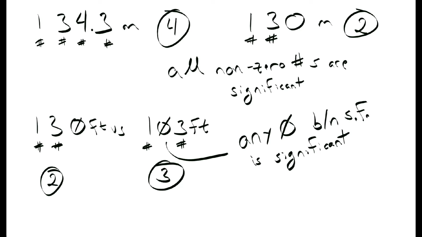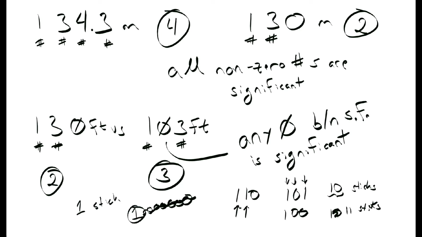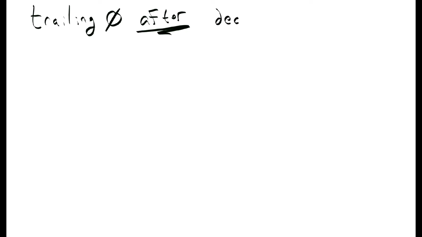That means that it's part of the measurement. Okay. The reason we have to be careful about our zeros is because the other case where zeros are significant, and this one is kind of complicated, is trailing zeros after the decimal.